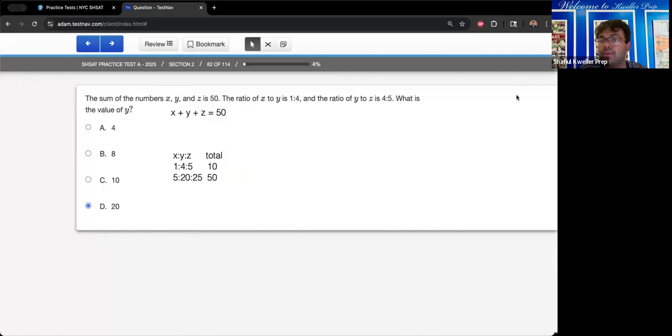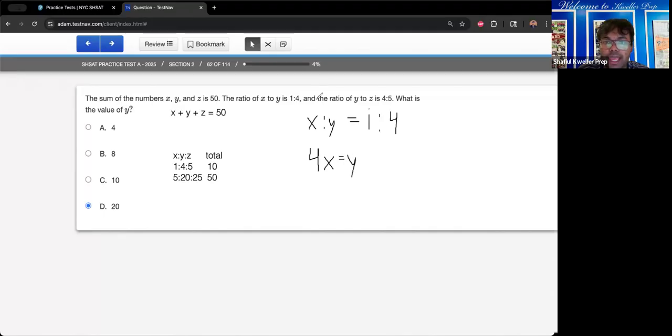Someone said, I said earlier you always flip the ratio, so why not here? Good question. So the idea here is when we say that x to y is 1 to 4, this means that for every 1 of x, there's 4 of y. So x to y is equal to 1 to 4. But when you write an expression that says x is equal to y, it would be 4x is equal to y.